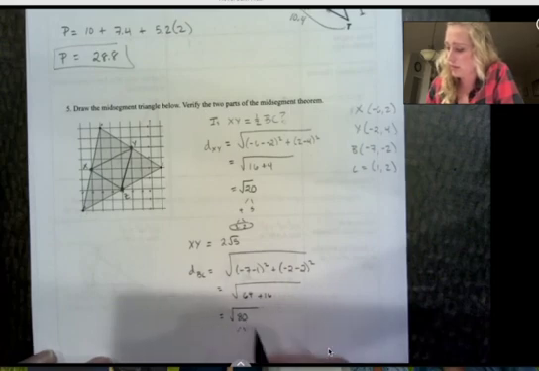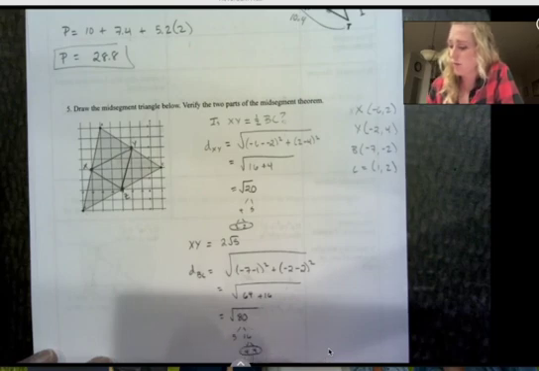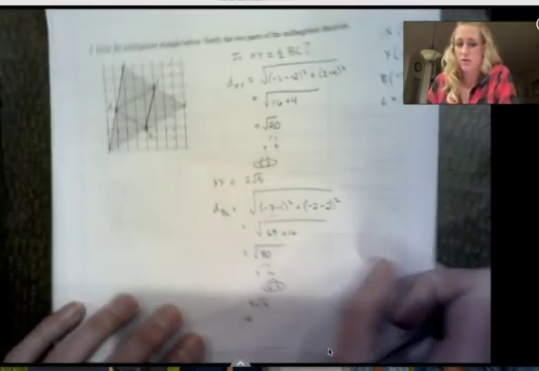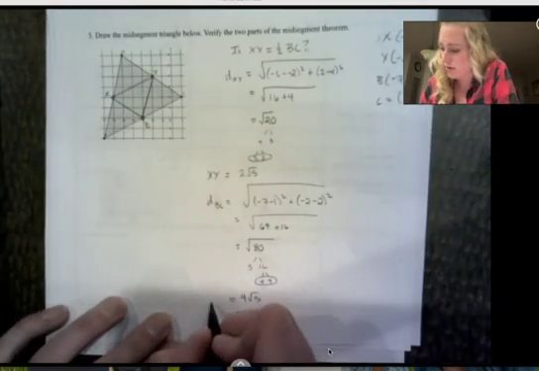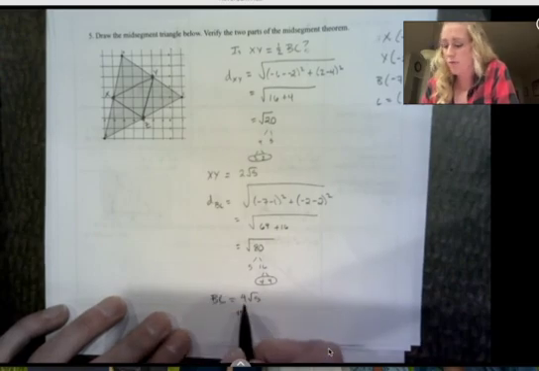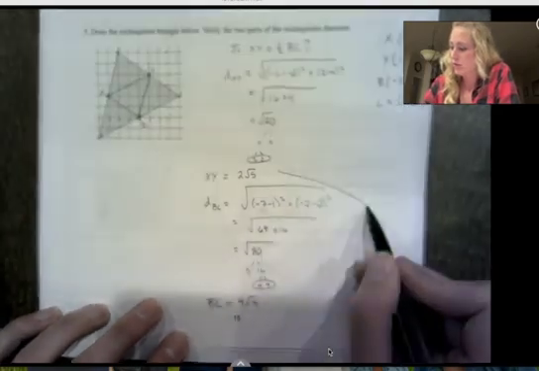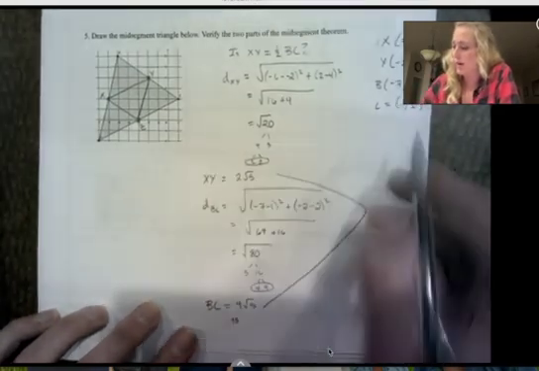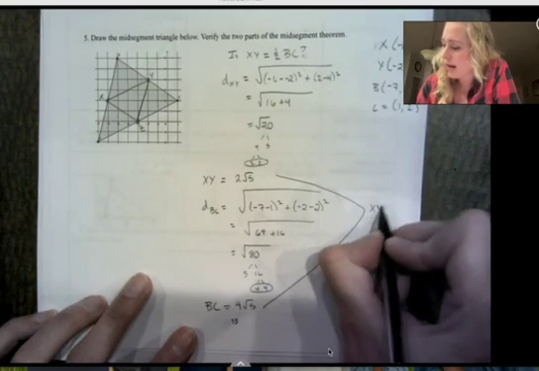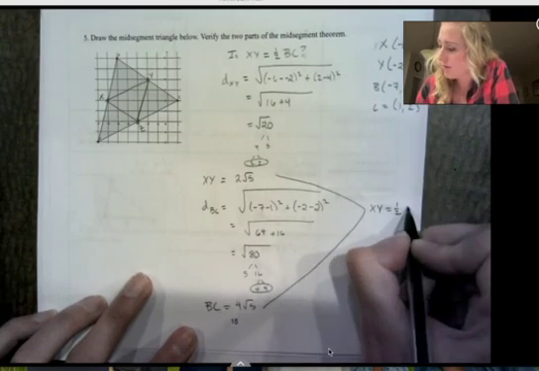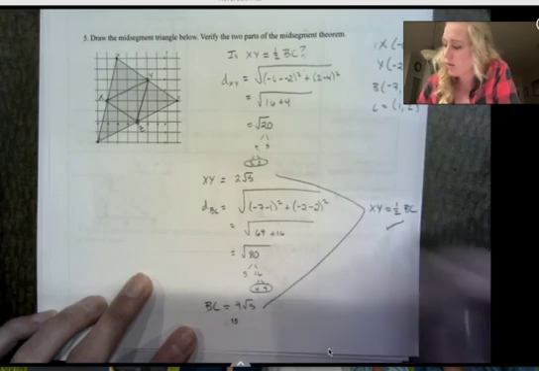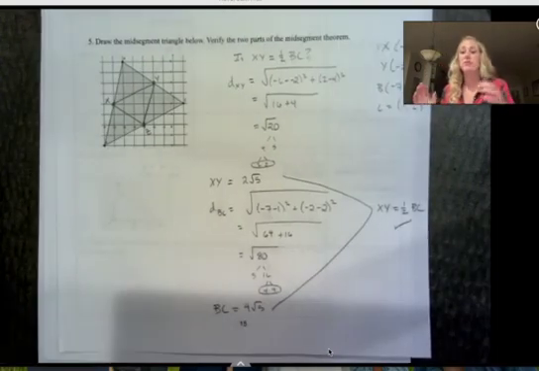So I'm going to get 80 is 5 times 16, 4 and 4. Bring the 4 out front, so I get 4 root 5 is BC. Well, 4 root 5 is twice 2 root 5. So this work right here verified that XY is half of BC. Check. Okay, so we verified one part.